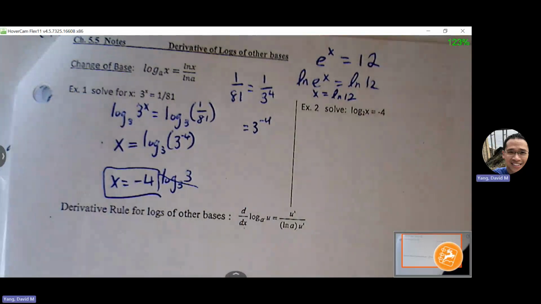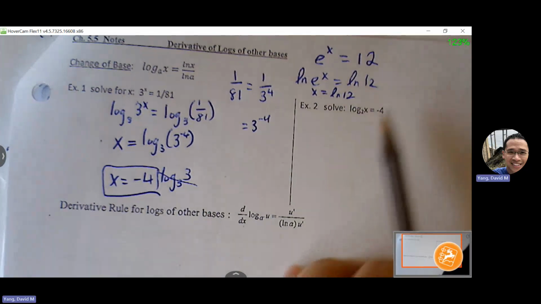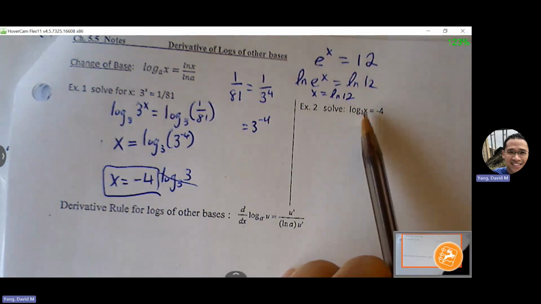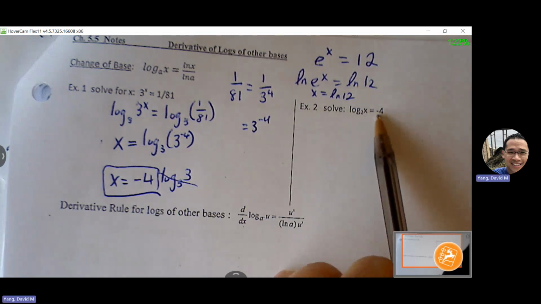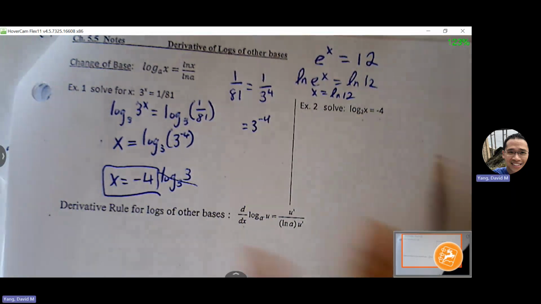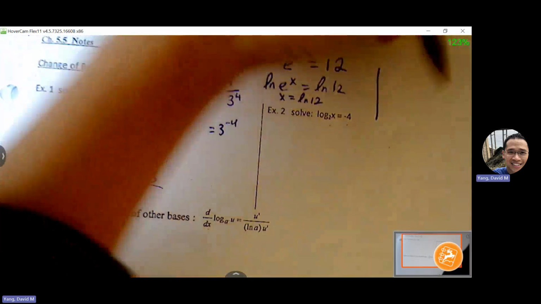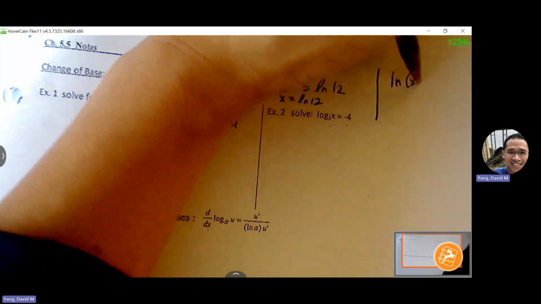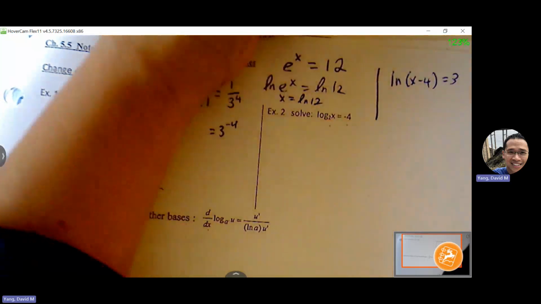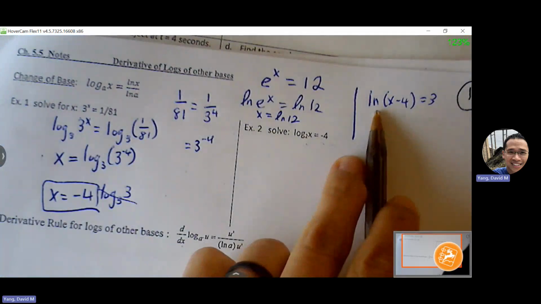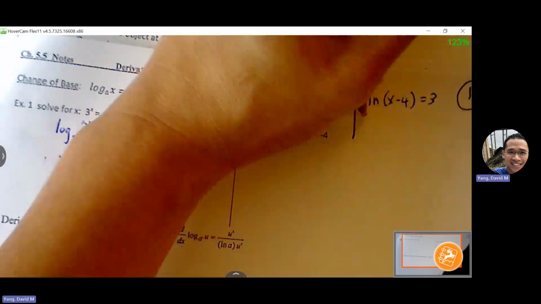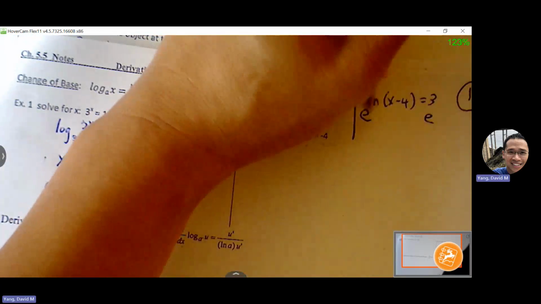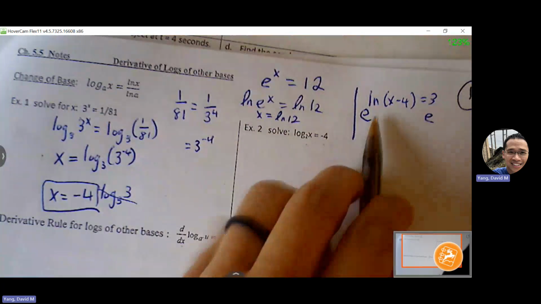So if I have an exponential, I can undo the exponential using logs. Likewise, if I have log base 2, I want to undo that log. I can involve an exponent to cancel this property out. So much like how if I have natural log of x minus 4 is equal to 3, if I want to undo that natural log, I can raise both sides with e as the base because I know e and natural log cancel each other out. They're inverses of each other.